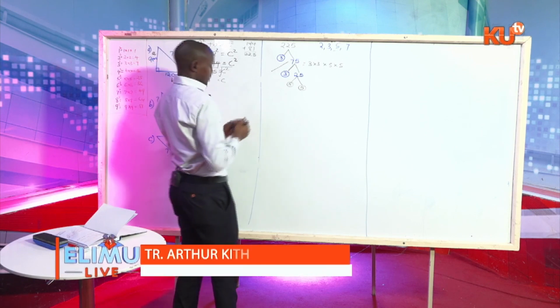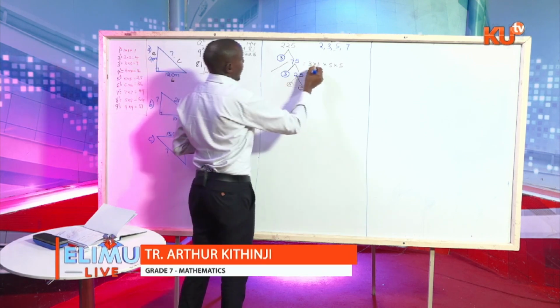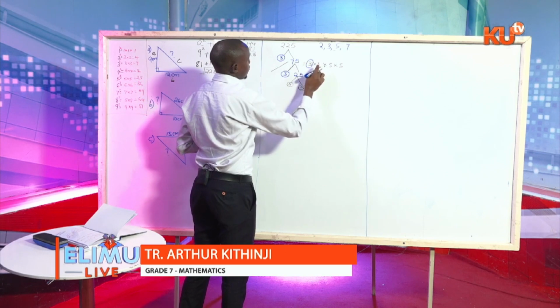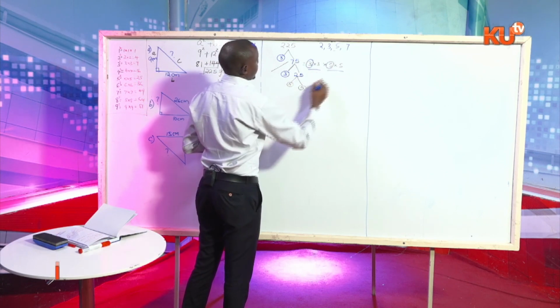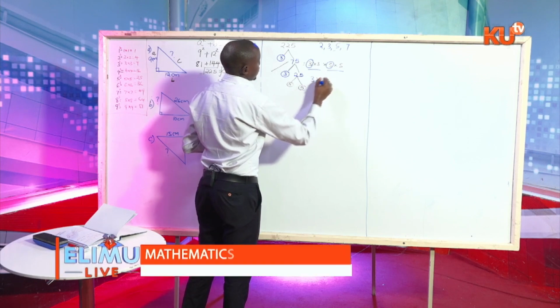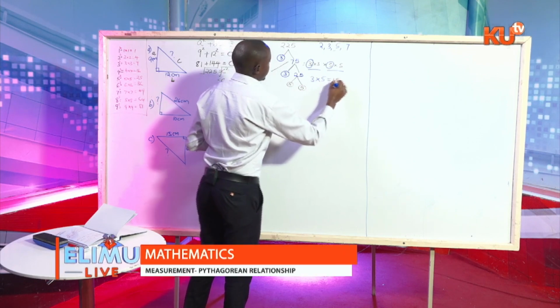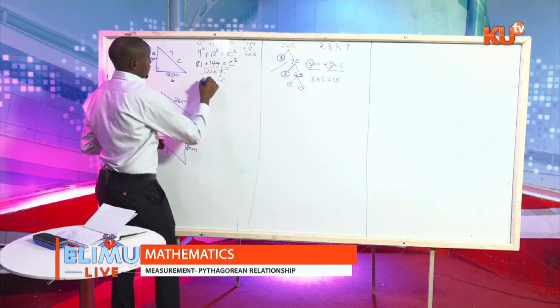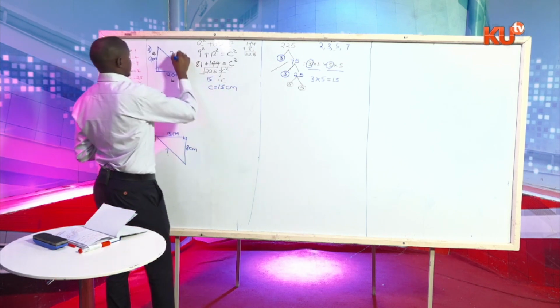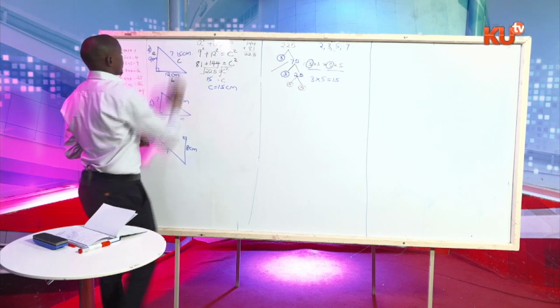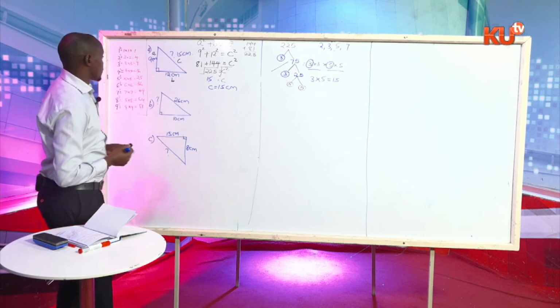So for square root, we shall only pick one in this pair of 3s and one in this pair of 5s, which means the square root is 3 times 5, which is 15. Therefore, C is 15. C is 15 centimeters. That's how we find the hypotenuse, which is missing.